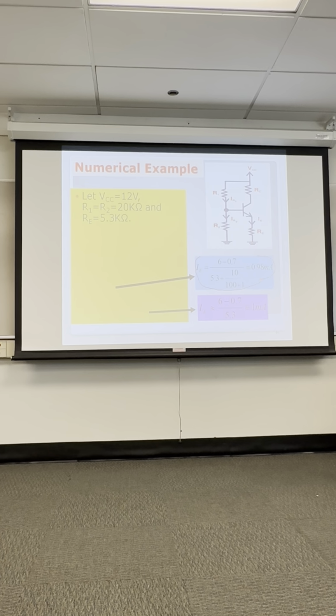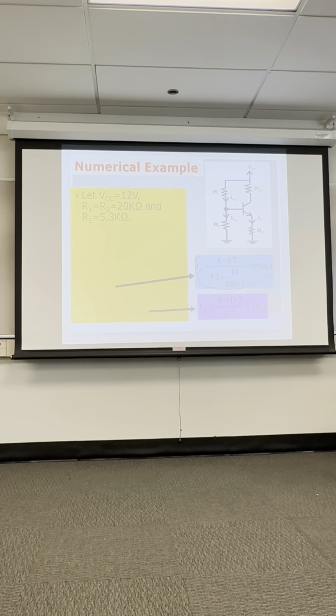It's not showing the kilo ohm and milliamp units. It says the base voltage is half of 12, which is 6 volts, minus the base-emitter 0.7, divided by 5.3 K plus 10 over beta plus 1. That gives 0.98 milliamp, and if we remove this term, it comes out around 1 milliamp. So it's not much difference between the two.